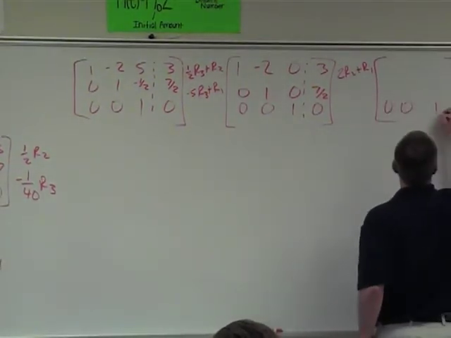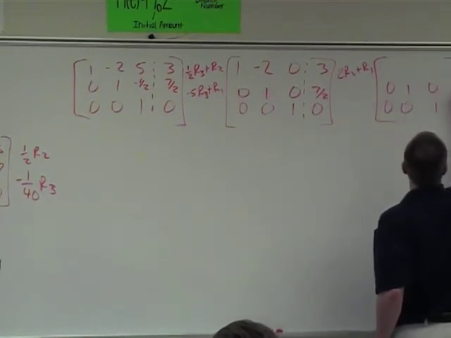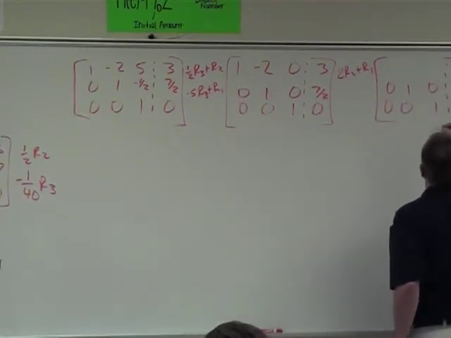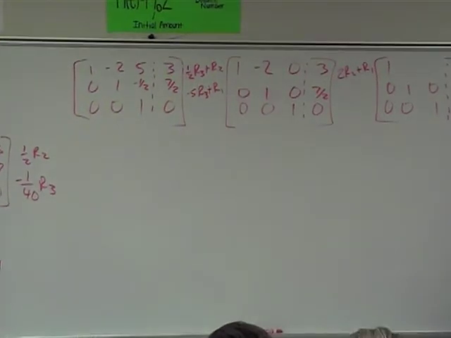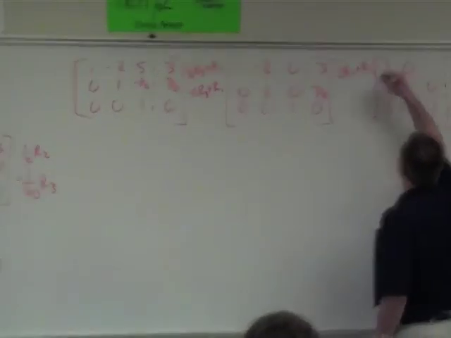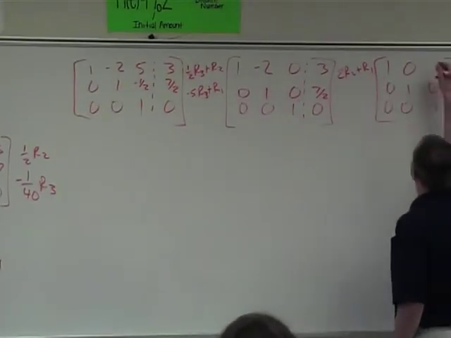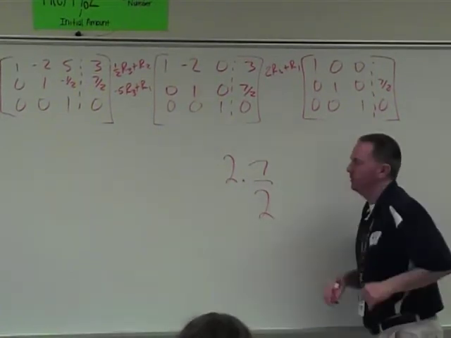So the bottom is still 0, 0, 1, 0. The second row is still 0, 1, 0, 7/2. I'm changing the first row. 2 times 0 is 0 plus 1 is 1, right, Abby? Yeah. 2 times 1 is 2, plus -2 is 0. 2 times 0 is 0 plus 0 is 0. What is 2, Abby, times 7/2?